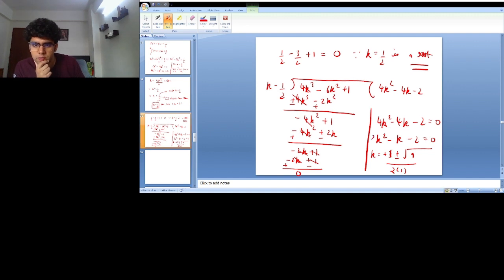So wait, if I take this, it becomes 2 square, and this becomes minus 1, right? So this is 3.